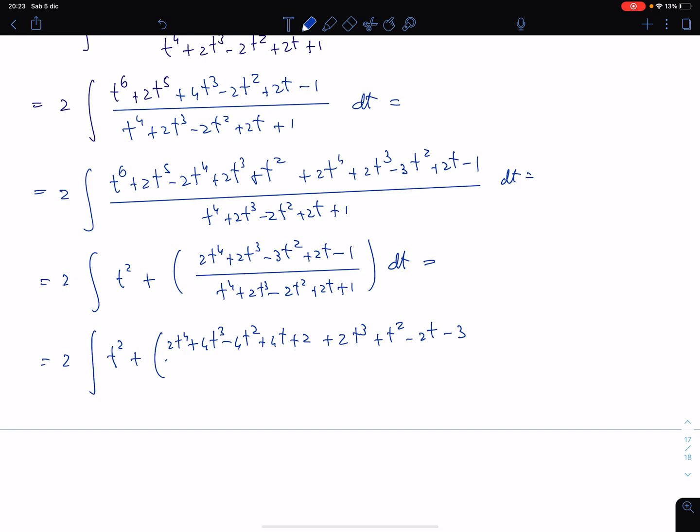We are almost at the end. And here we have t fourth plus 2t^3 minus 2t squared plus 2t plus 1 dt.